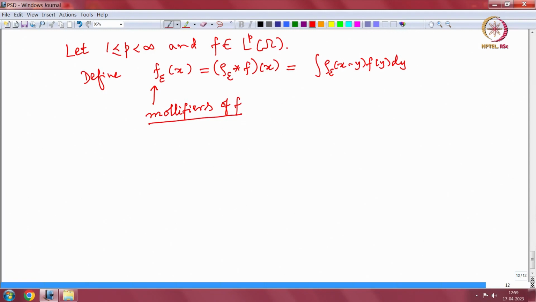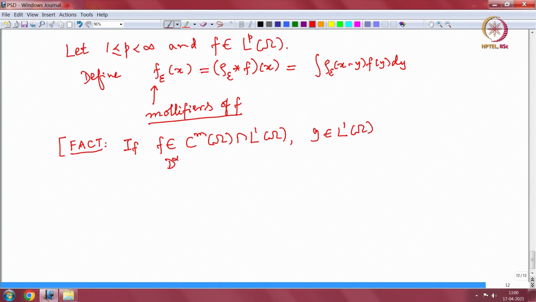I missed one fact about convolutions. If f is a Cm function in omega, also in L1 omega, and g is in L1 omega, and also d alpha f is in L1 omega, then f star g is also differentiable, and d alpha of f star g is given by d alpha f star g.